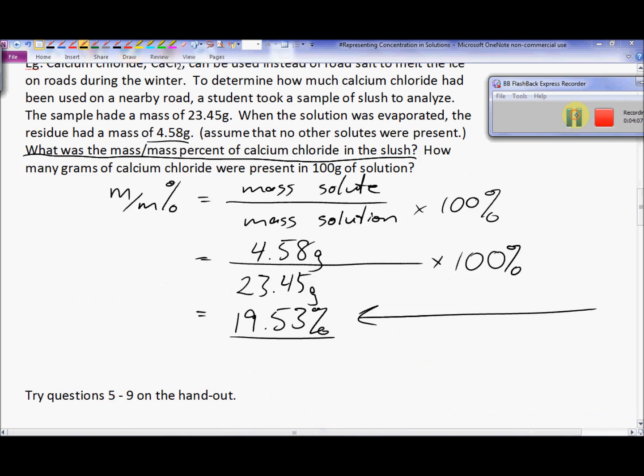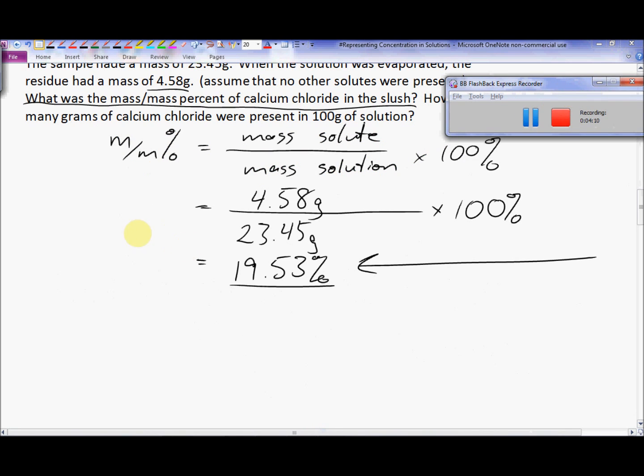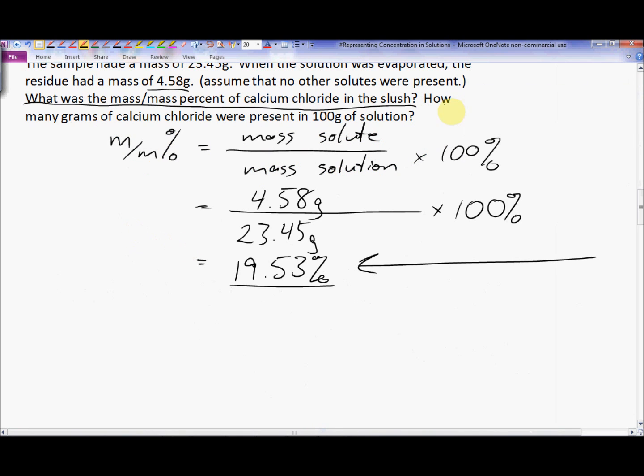So now to tackle the other part of this question. The other part of the question was, how many grams of calcium chloride were present in 100 grams of solution? If we took a 100 gram sample of the solution we've been talking about, how many grams of calcium chloride would be in that? Okay, well, so let's write out our mass percent formula.